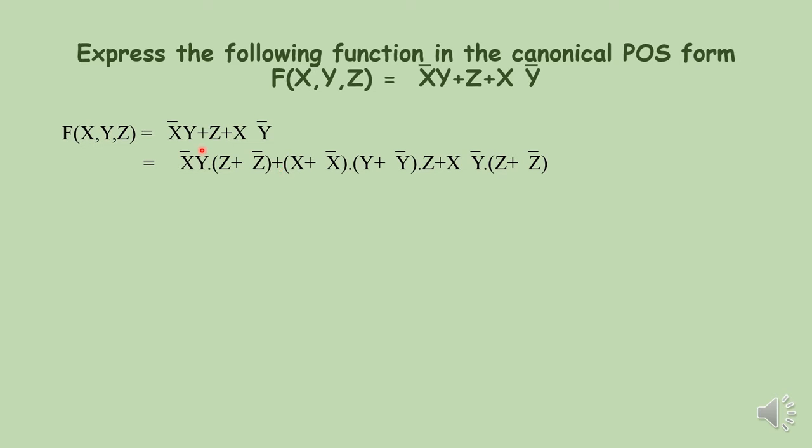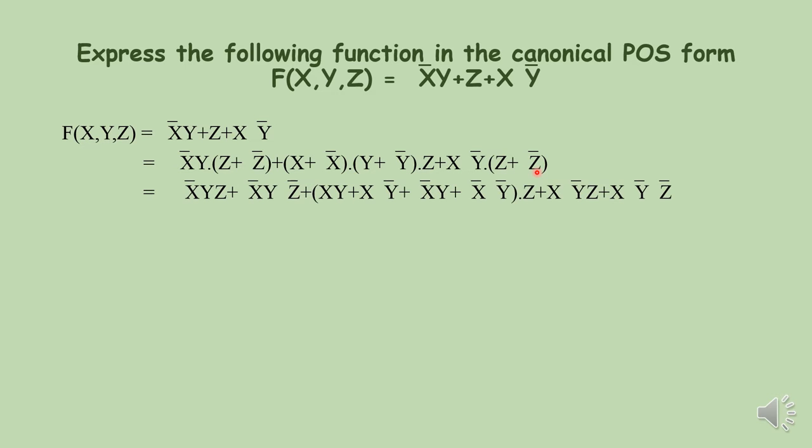In the second term, x and y are missing, so we write x plus x bar dot y plus y bar, which is multiplied with z. In the third term, z is missing, so we write x y bar dot z plus z bar.